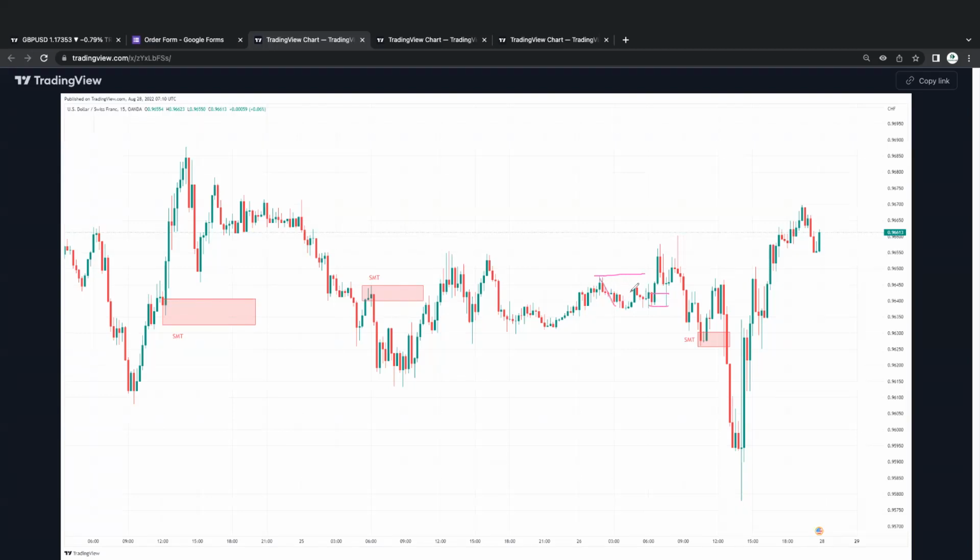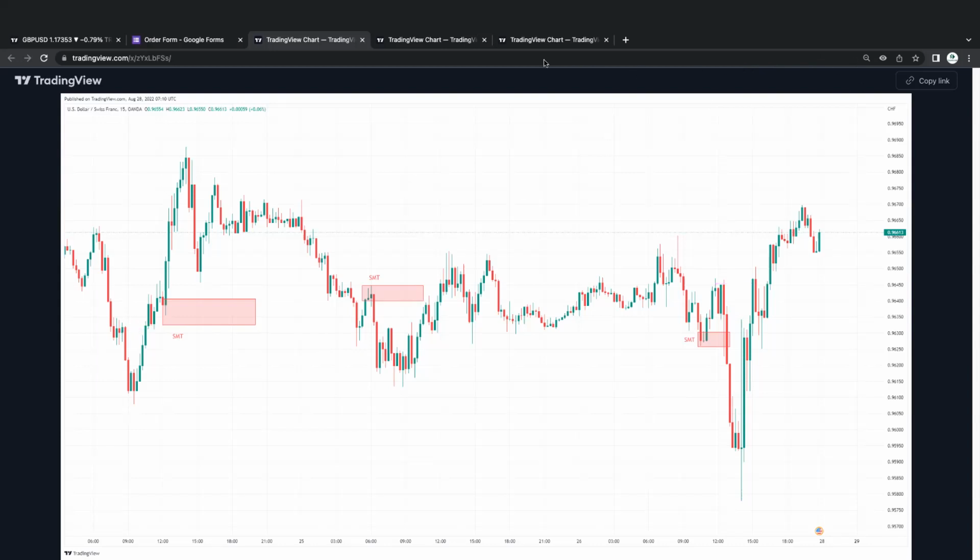The market moved something like this, went higher. And if possible, this can also be yours, though it is not a cleaner order block, but this can also be your SMT. This is also your SMT.